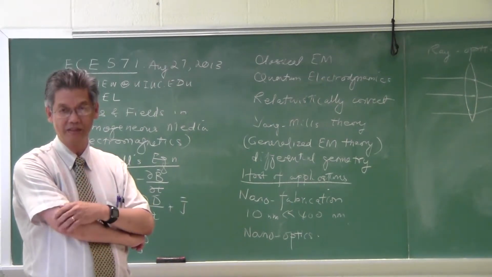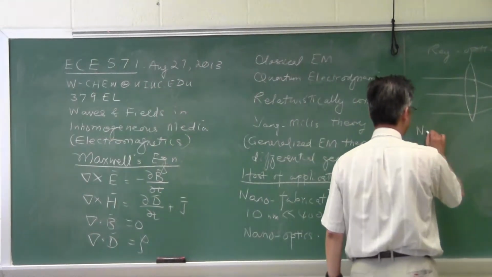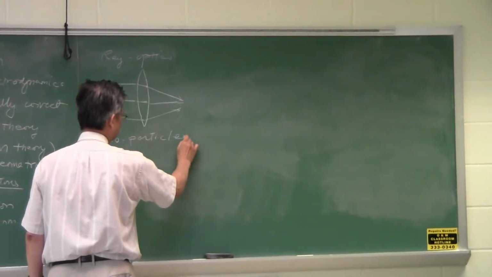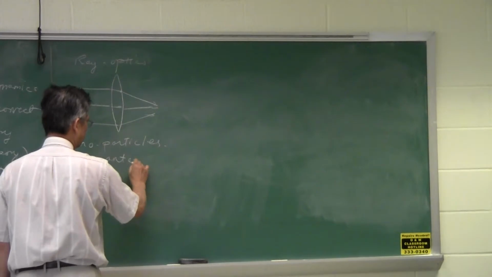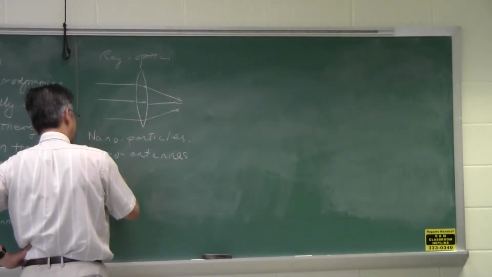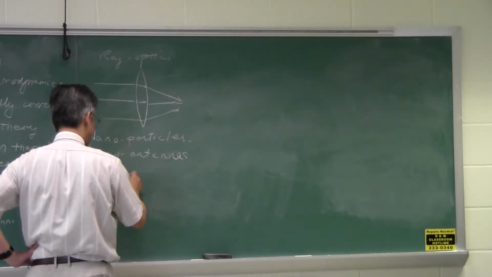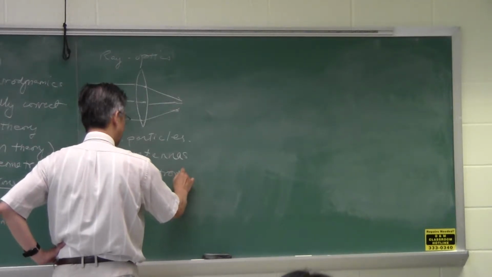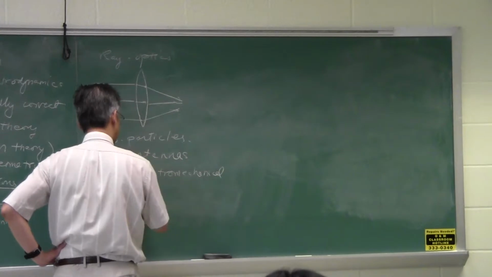Optical elements can be sub-wavelength, they have nanoparticles. You have nano-optics, nano-antennas. You can have even things like nano-MEMS, nano electromechanical systems.